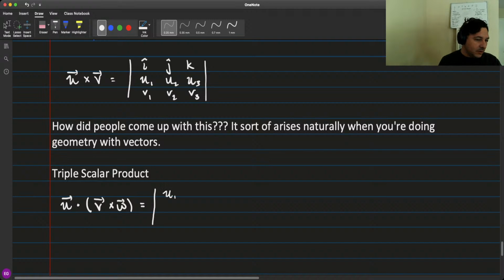So you could put u in the first row, v in the second row, and w in the third row.